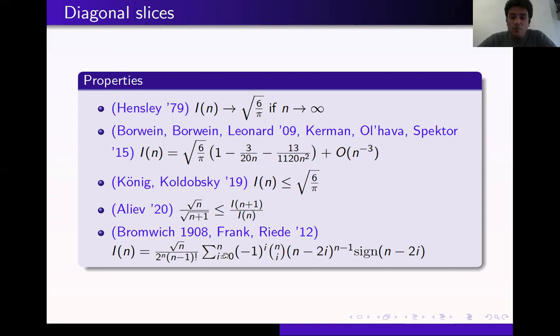This has been proven. It is attributed originally to Bromwich in the early 20th century, but it has been proven repeatedly by several authors. For instance, in 2012, Frank and Riedel, and you see a very, well, not nasty, it's a nice formula, but very lengthy to compute.